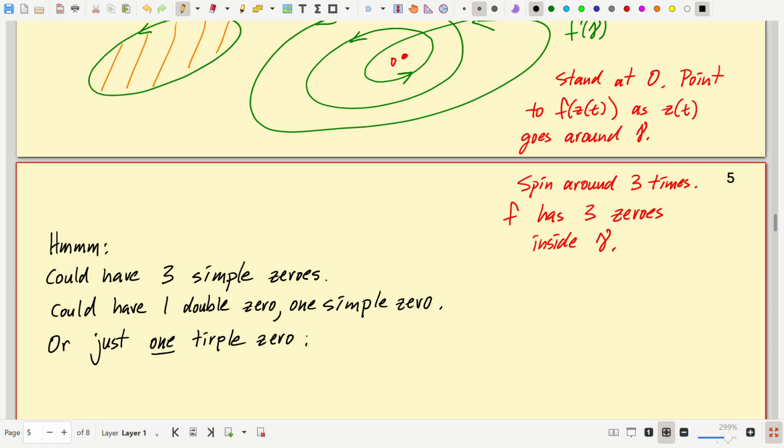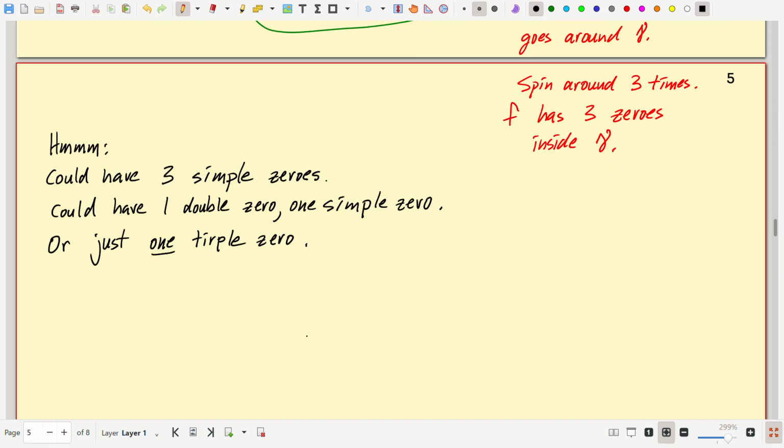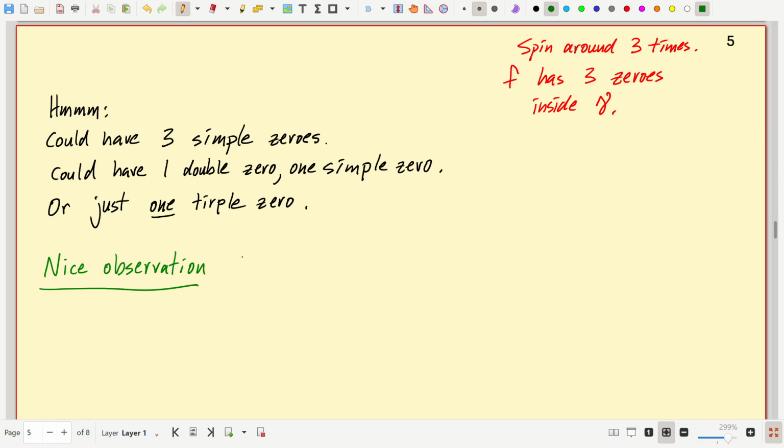Let's see, I've got a couple of minutes left here. Here's a nice observation. Zero isn't as special as you might think. Let capital F of z be equal to f of z minus w naught.